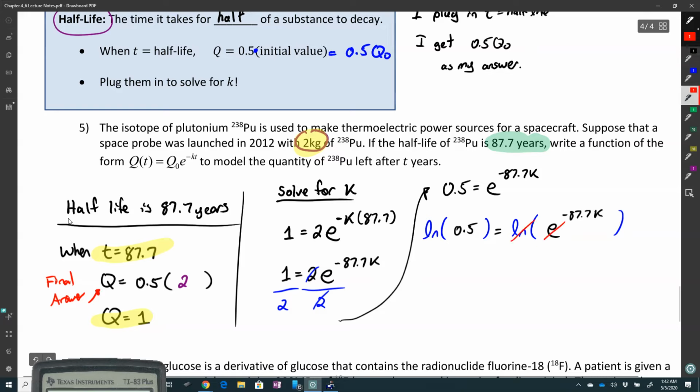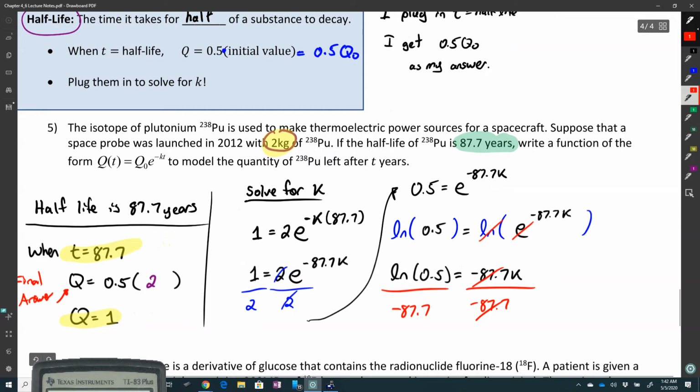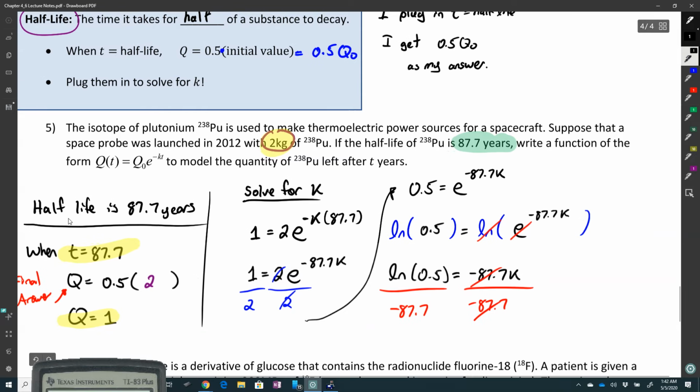Hopefully we've seen it enough to just know that the ln and the e go away. ln of 0.5 is equal to negative 87.7 K. Then I can divide by negative 87.7, and there's the value for K.